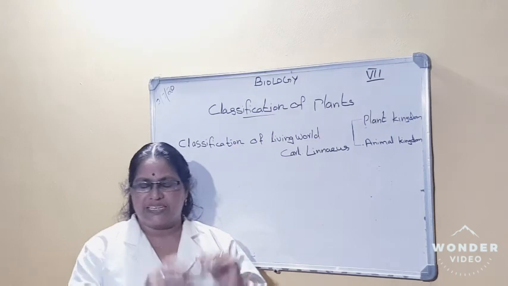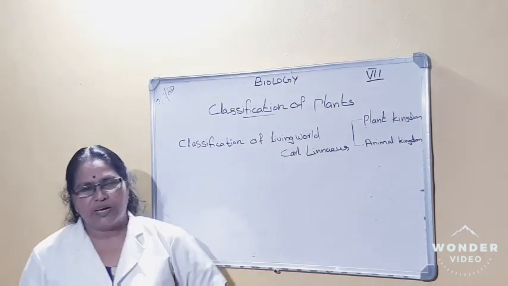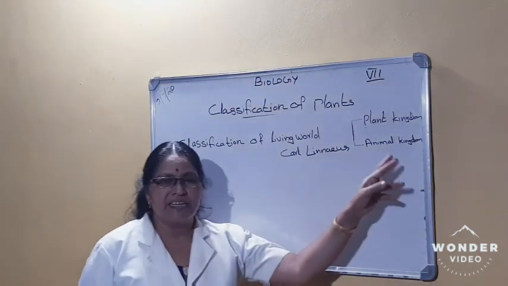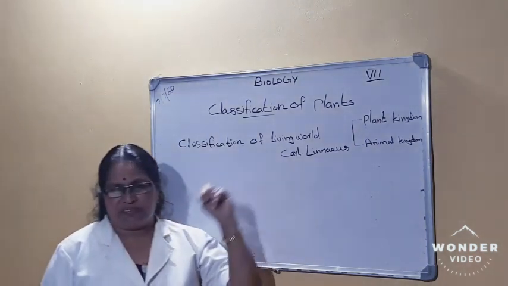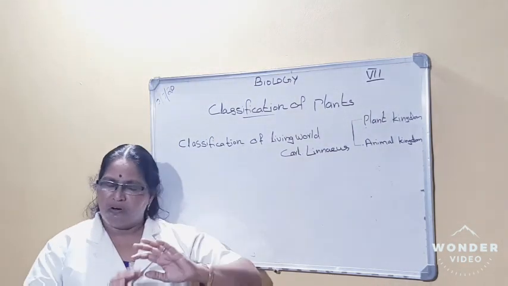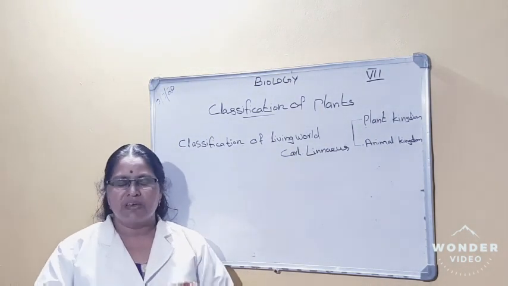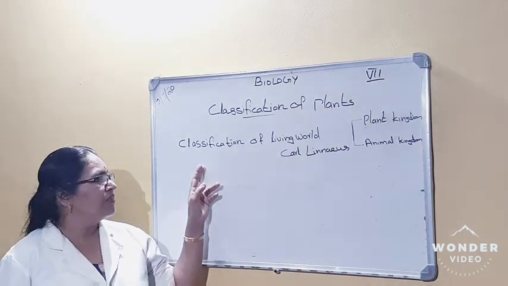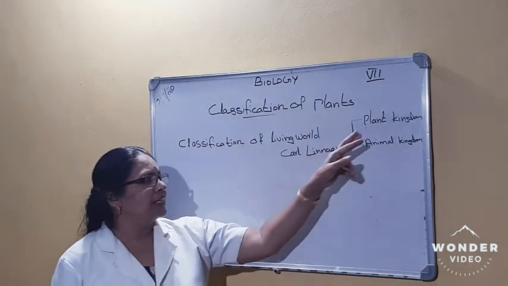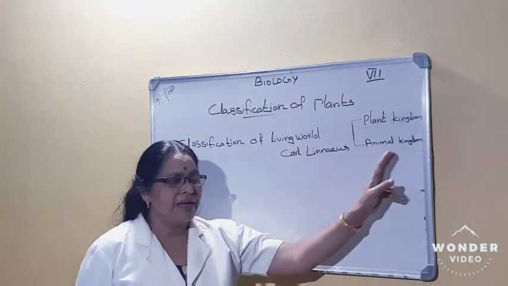All plants together and all the animals together. This classification was done by Carl Linnaeus. So all living organisms around us can be classified into two kingdoms: the plant kingdom and the animal kingdom.